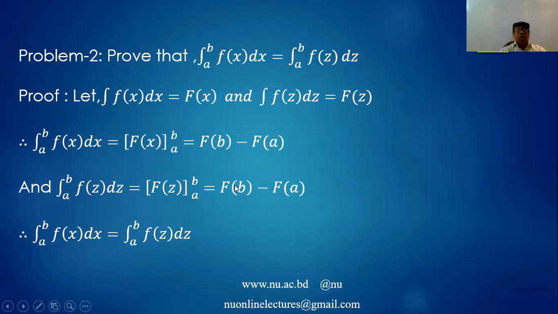That's why integration a to b f of x dx equals integration a to b f of z dz. It's very easy, but this is the property that you have to remember. Sometimes these types of logic will be recalled to solve different types of integrals. My dear students, be sincere. Here, this is easy.